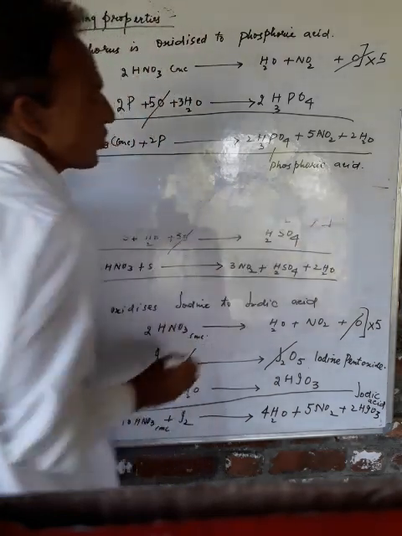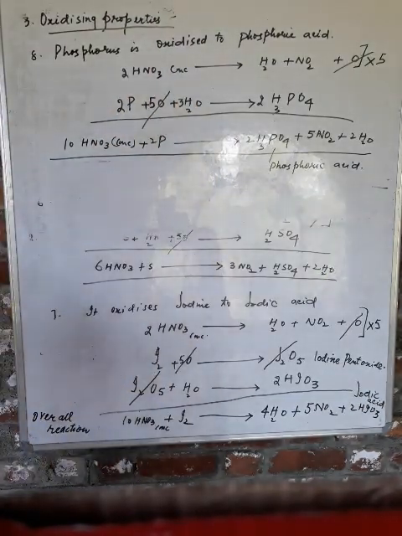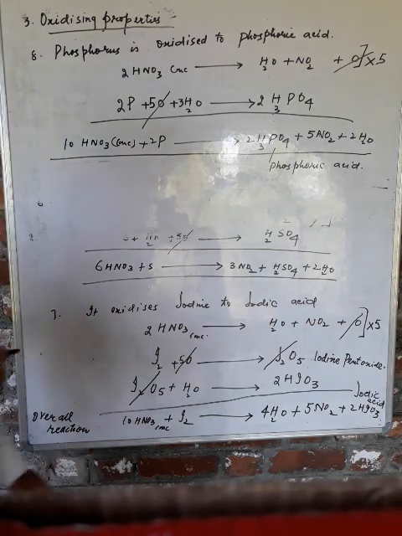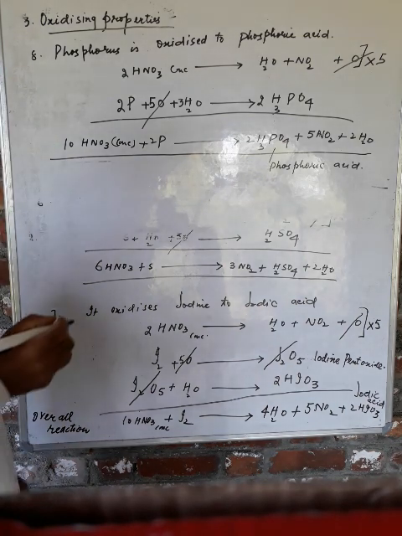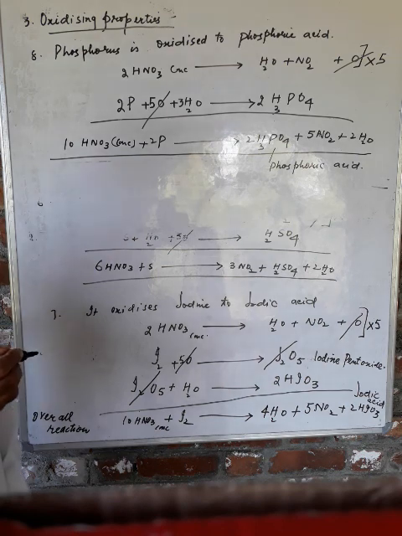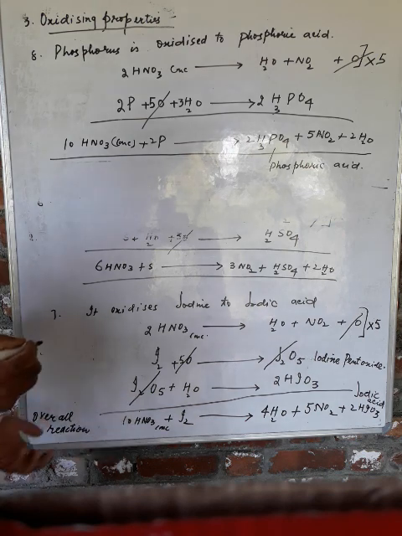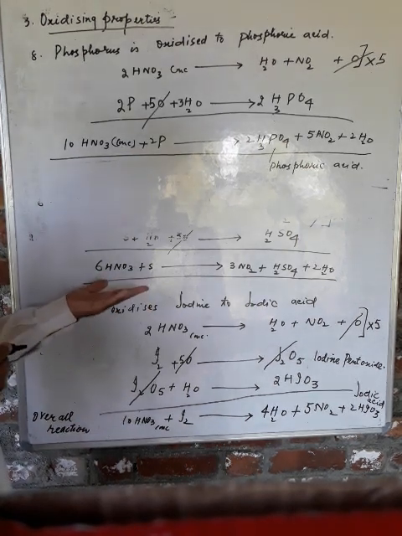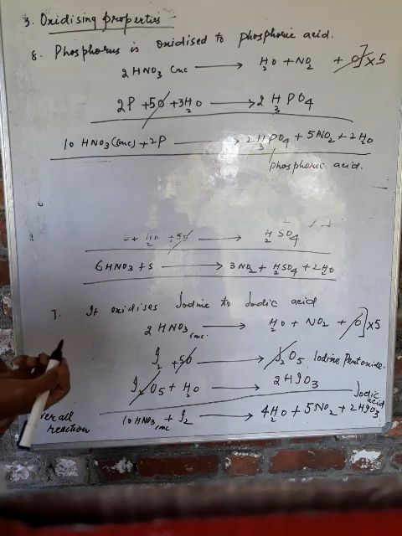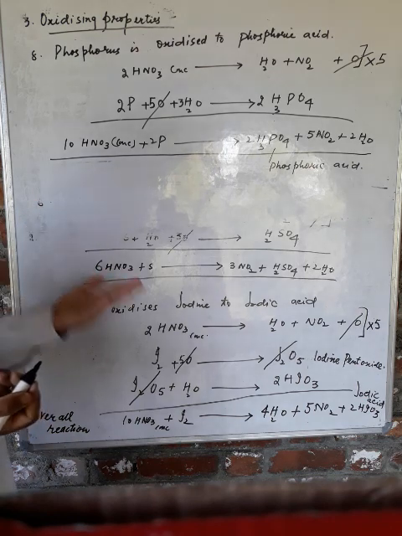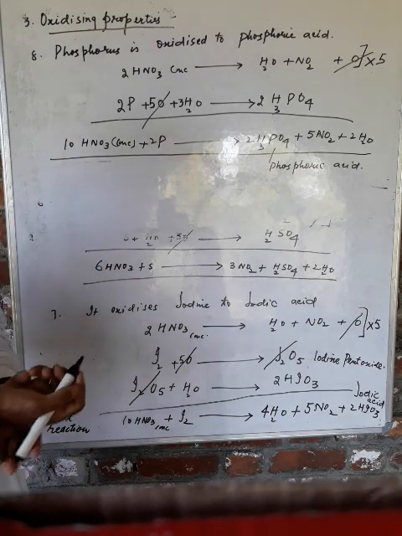So these were the oxidizing properties with the non-metals. Similarly, nitric acid interacts with the metals and forms a number of different products, and the products formed depend upon the concentration of the acid and upon the nature and reactivity of the metal, because we have almost 3 types of metals.